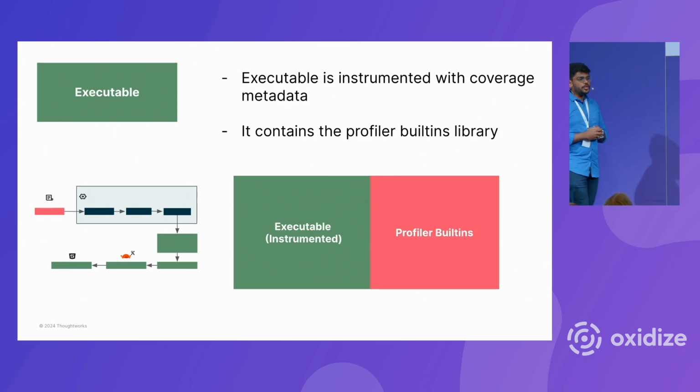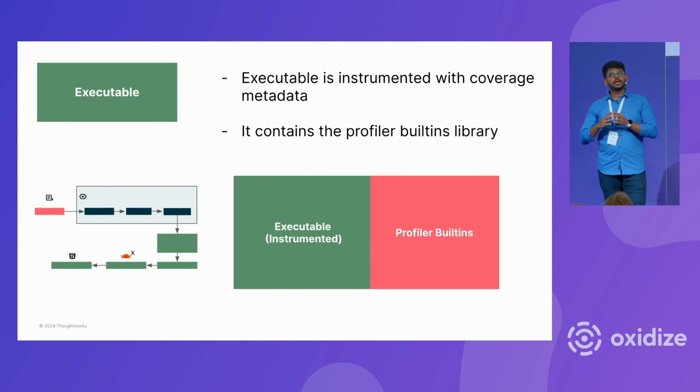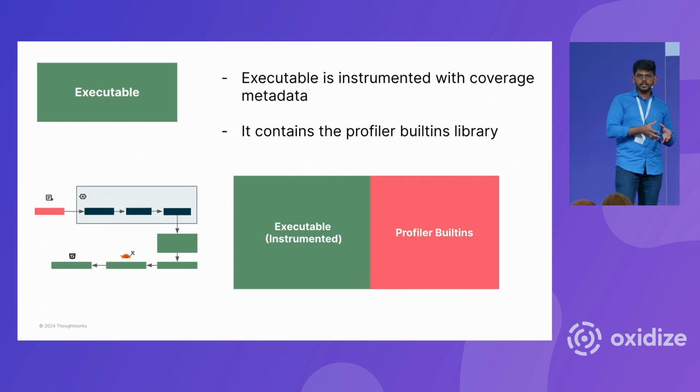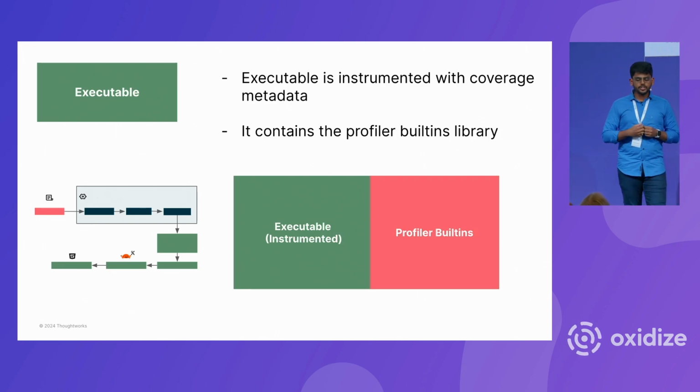Moving on to the executable, we pass this LLVM IR data to LLVM, and then we get an executable. But this executable is slightly different. If you don't pass the C instrument coverage, you get a non-instrumented executable. In this case, we get an instrumented executable.